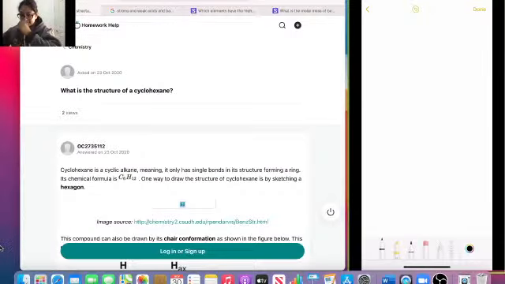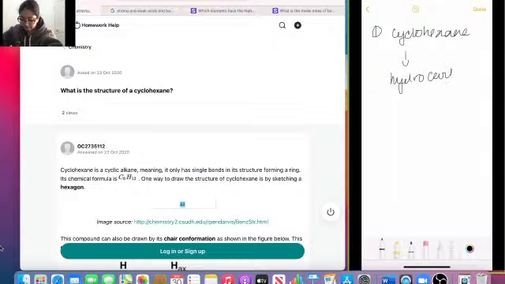Okay, so our first question here says, what is the structure of cyclohexane? Cyclohexane is a cyclic alkane, which means it's basically a hydrocarbon. It consists of carbons and hydrogens, right?